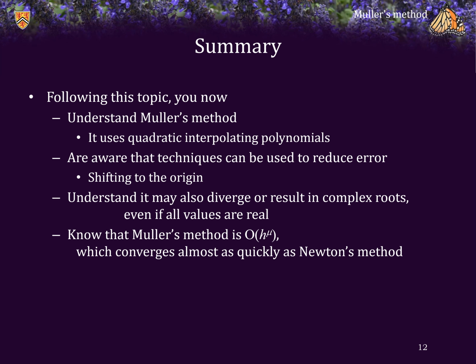You understand also that Muller's method may diverge or result in complex roots even if all the values are real. You also know that the secant method is order h to the phi, whereas Muller's method is order h to the mu, which is slightly greater than 1.8, which therefore converges almost as quickly as Newton's method, which is order h squared, at least for an appropriate root.